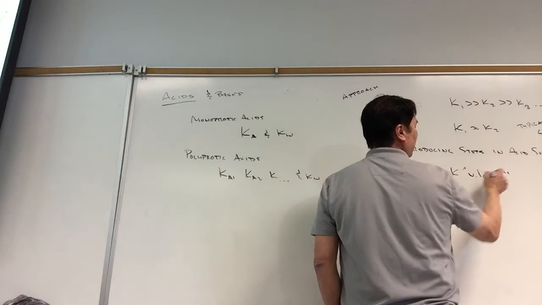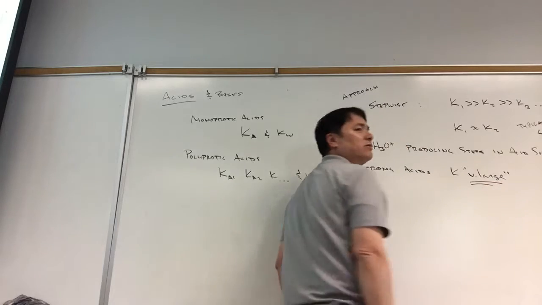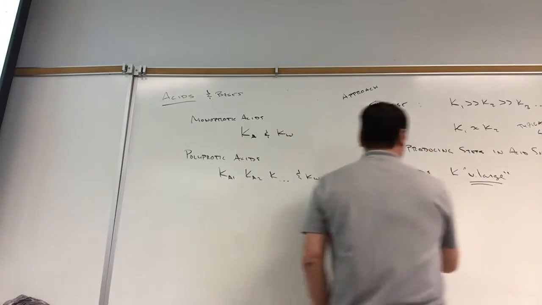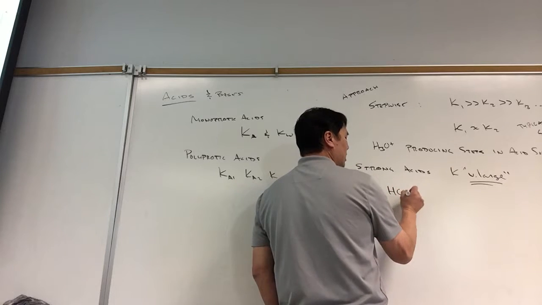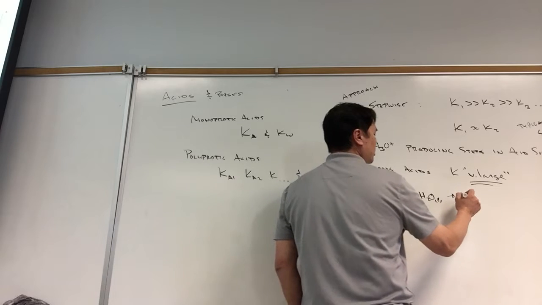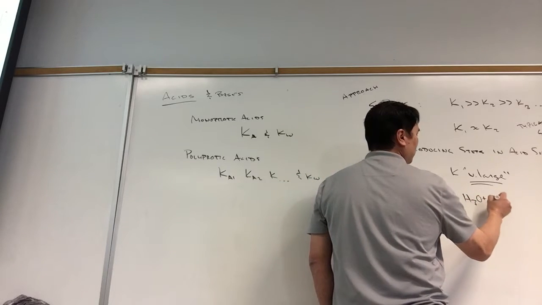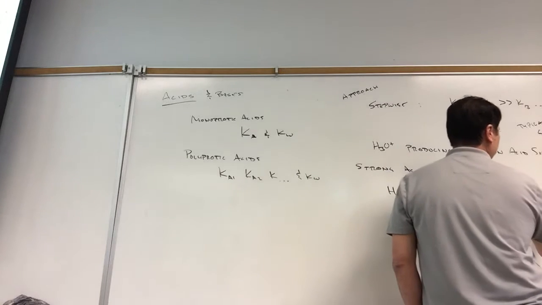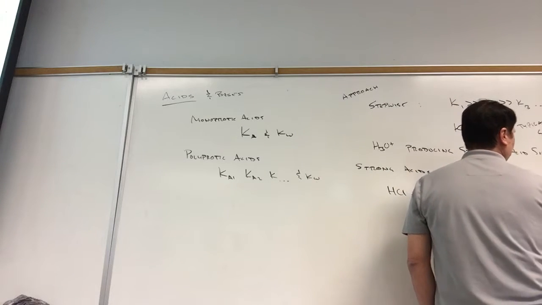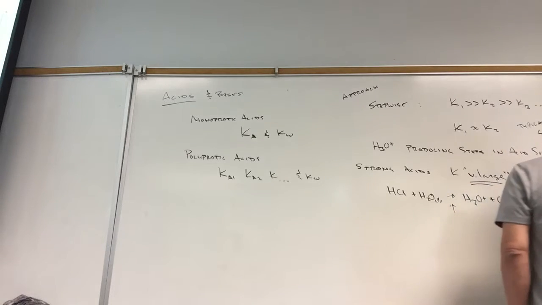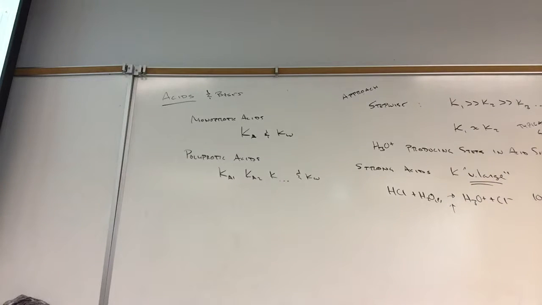In fact, for all strong acids, it says very large. What this means is that for something like HCl, we expect 100% reaction. That is, this is going to form hydronium plus chloride, and we'll have 100% reaction. When we're dealing with acid hydrolysis like this, we also call this 100% hydrolysis.